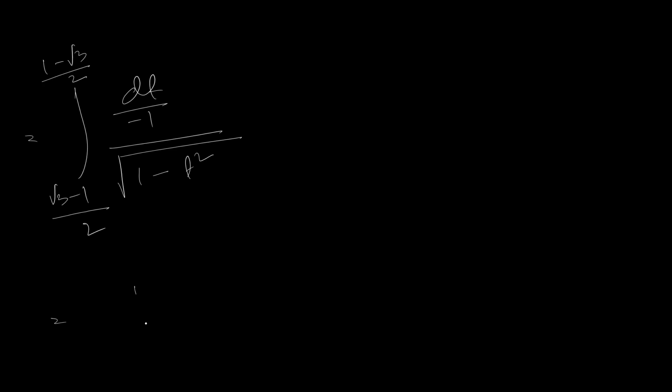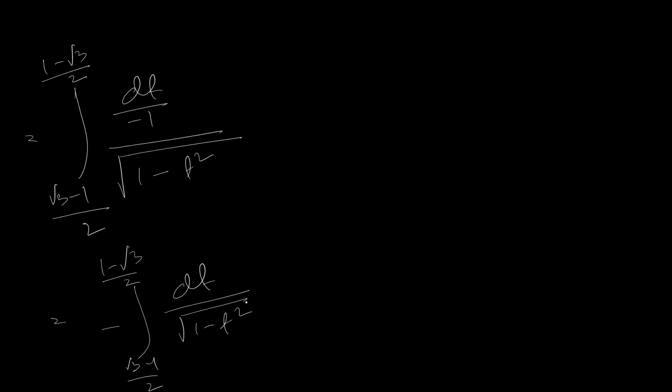So this equals the integral from (√3 − 1)/2 to (1 − √3)/2. The −1 is a constant, so it will be outside. So this is −dt over √(1 − t²).